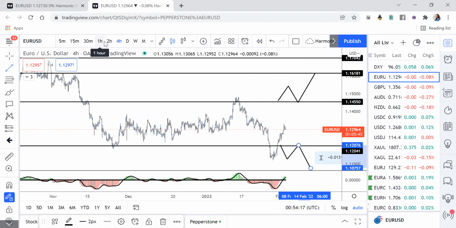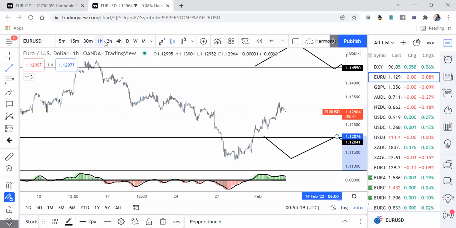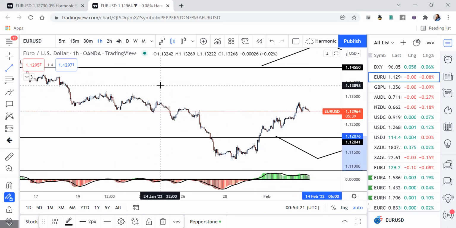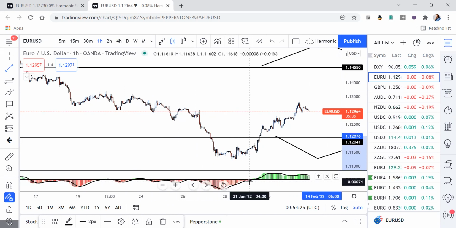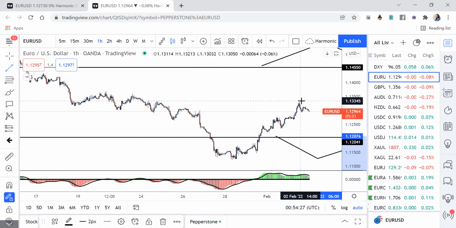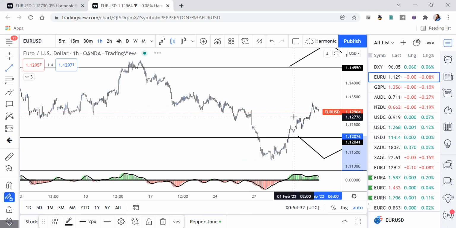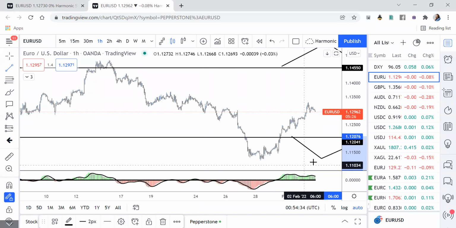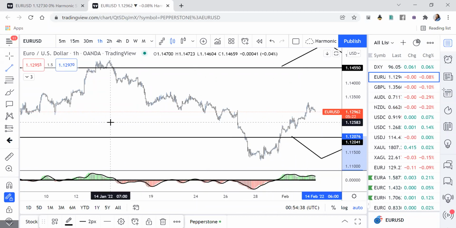So let's scale in to the 1-hour time frame. Okay, do we have some structure on the 1-hour time frame? We don't. Price was here, creating these lows for quite some time, and then it's coming up now to give us a 1-hour high. There's no entry at a 1-hour high, right? So can I use the 1-hour time frame right now to look for an entry? No. Why?